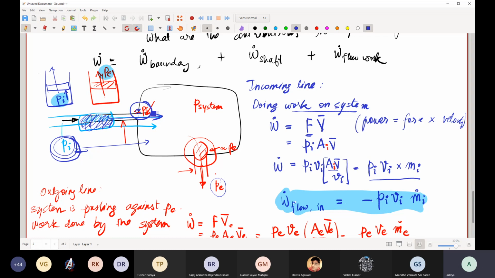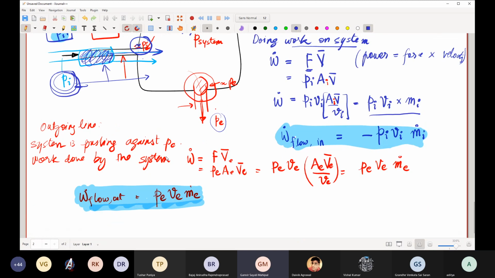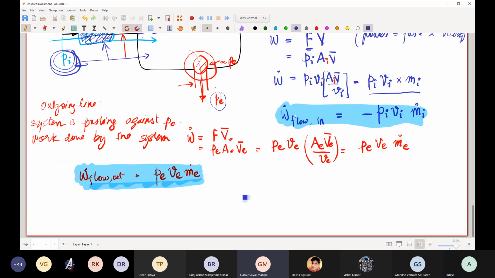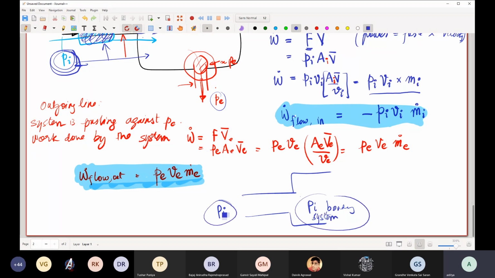If the pressure at the boundary in the system is larger than PI, can the mass enter into the system? Let me draw it. Outside pressure is PI, and this is just Pi at the boundary in the system. I am asking, will it be larger than this or smaller than this?